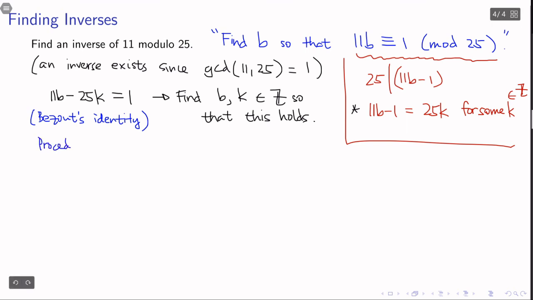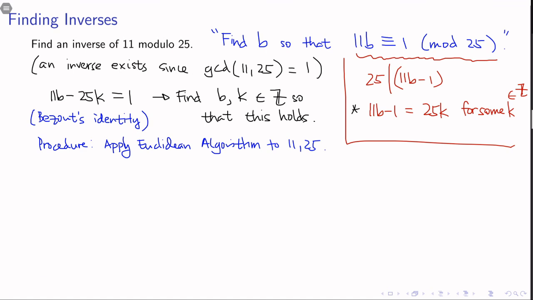Okay, so I'll do it here. So remember, the Euclidean algorithm is a way for us to compute the GCD of two numbers, right? By pretty much doing repeated division. So first step, you divide 25 by 11, and the division algorithm says, well, 25 is 2 times 11 plus 3.